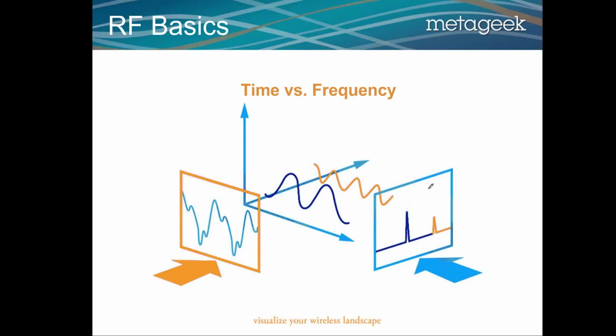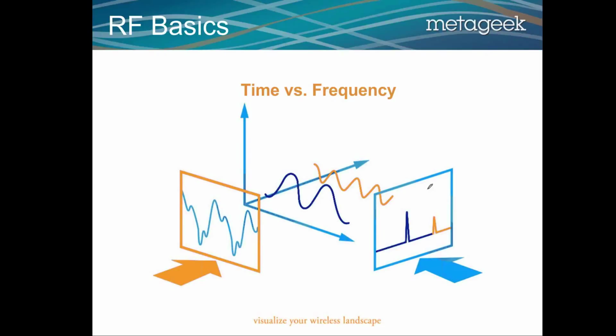The blue spike is how we are going to visualize that particular wave with a spectrum analyzer. And we can see that the two waves, the orange and the blue, are separate from each other. They're separate frequencies, and the orange one is not as powerful as the blue one.